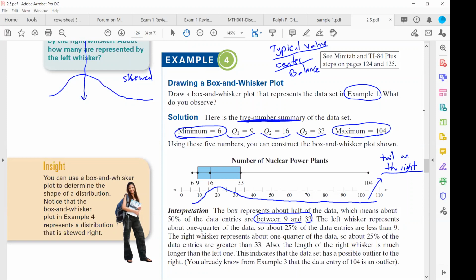The right whisker represents about 1/4 of the data, so about 25% of the collection are greater than 33. So 25%, 25%, the rest 50% are here.